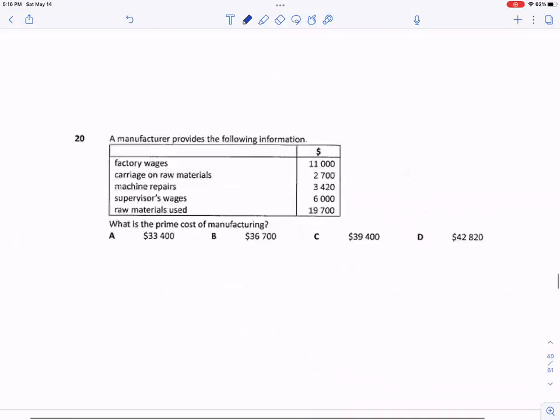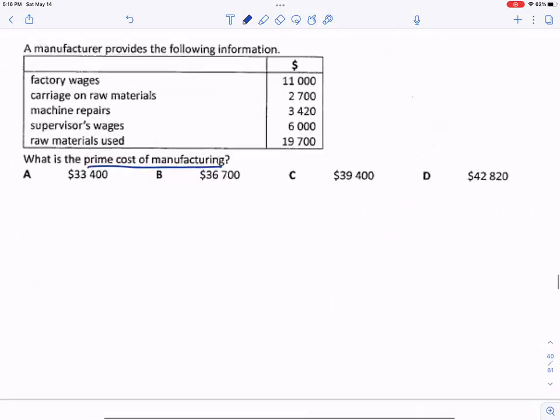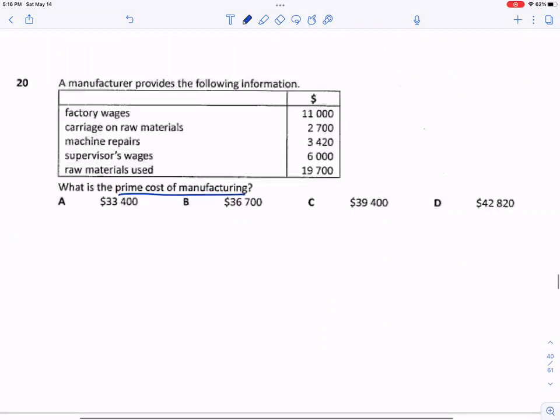Prime cost of manufacturing. What is prime cost of manufacturing made up of? Direct material, plus direct labor, plus direct expense. Direct material, 19,700.